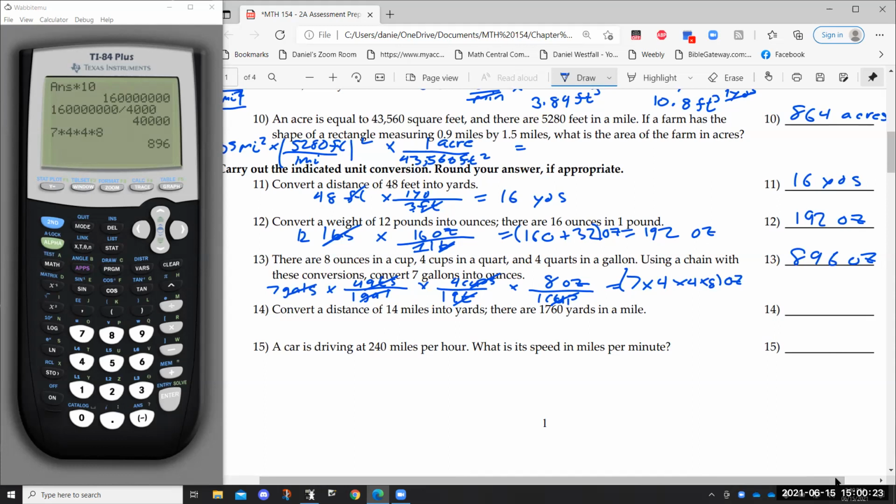Convert a distance of 14 miles into yards.